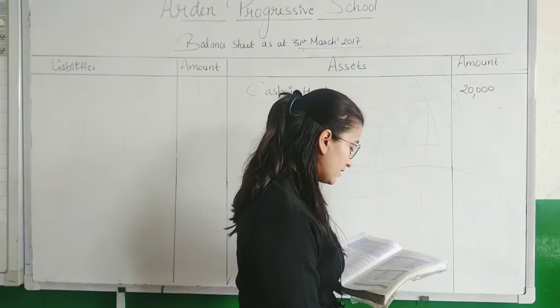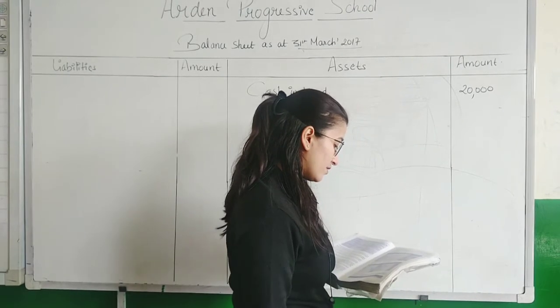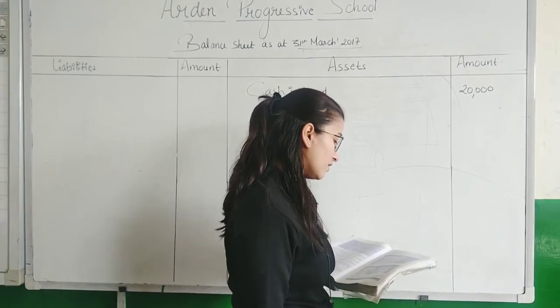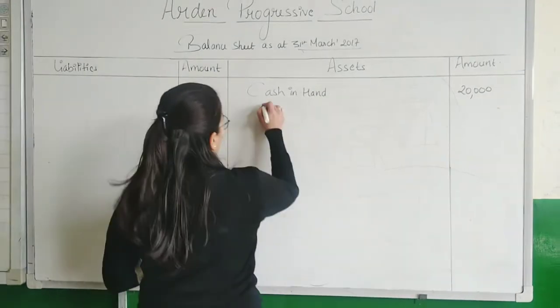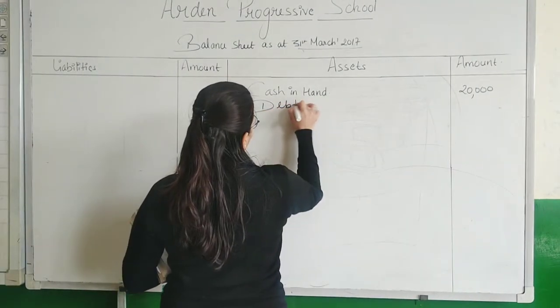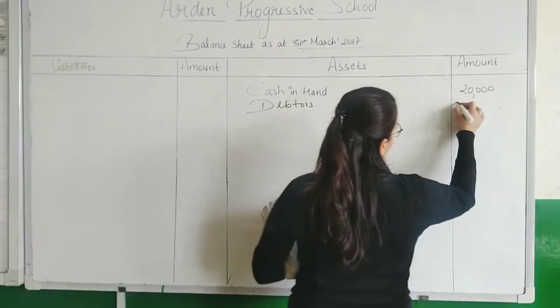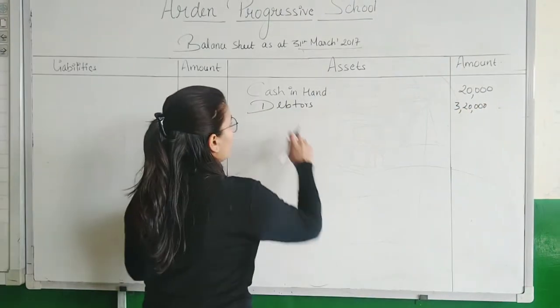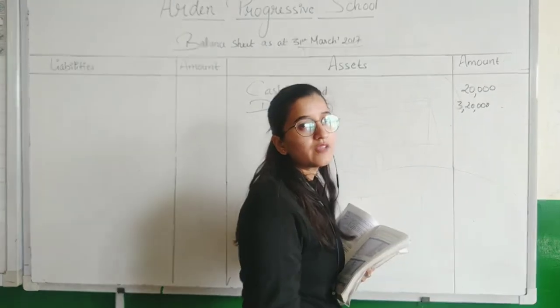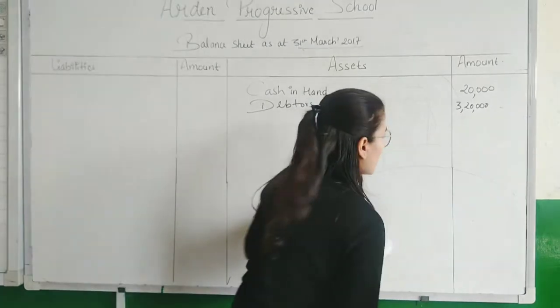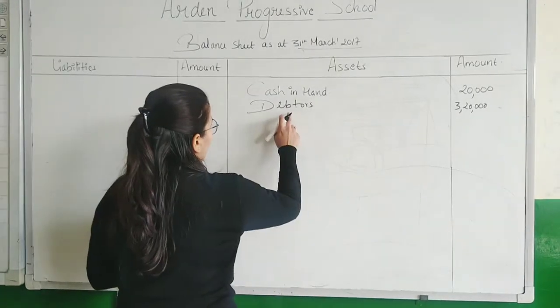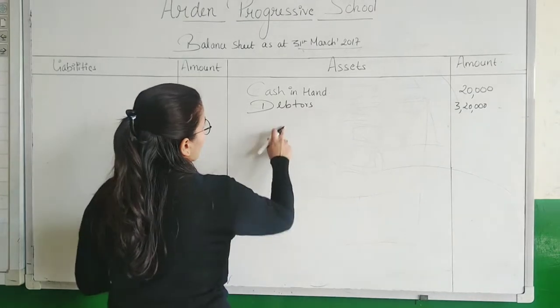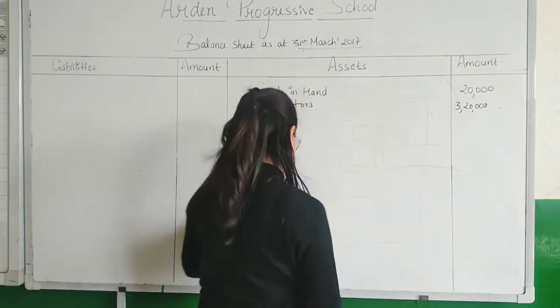Next we will write debtors. Here the amount of debtors is rupees 3,20,000. As we know, a debtor is the person who has to pay the amount to the creditor. So cash will be received from debtors, that is why we write it on the asset side.